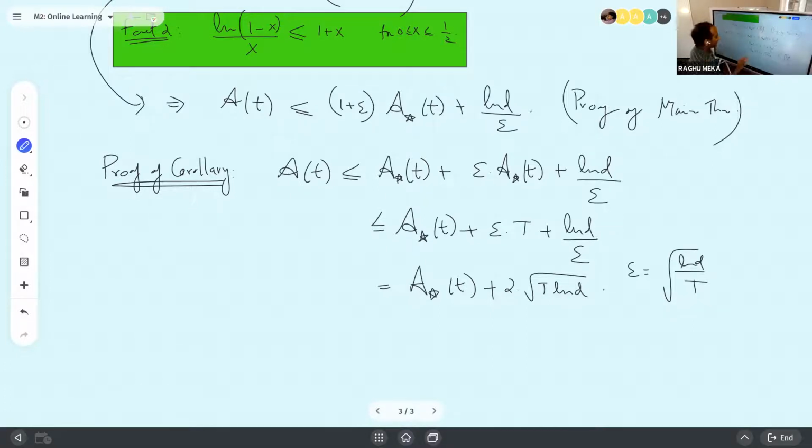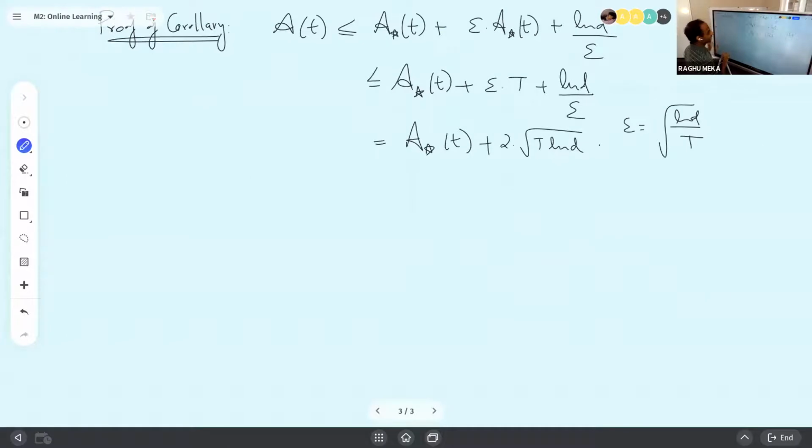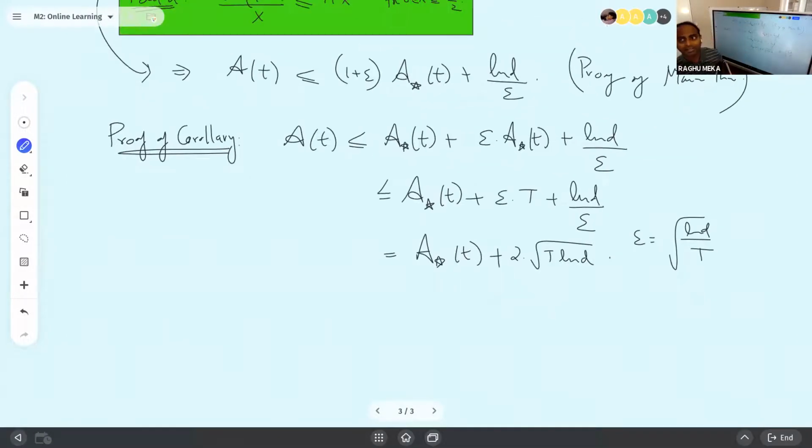Any questions about the statement? Let's try and digest this and take a 5-minute break. When we come back, I want to say a few remarks about this algorithm, and then we'll look at two applications. Let's resume at 10:40.